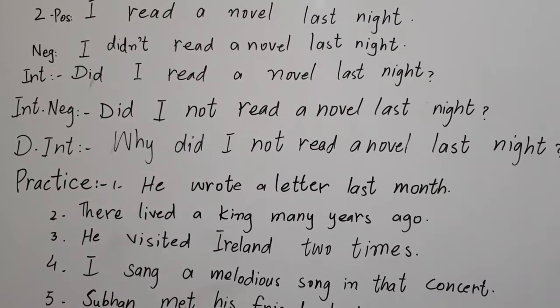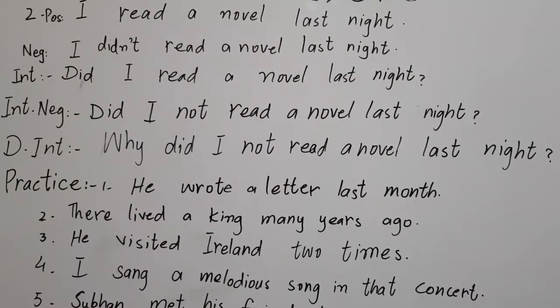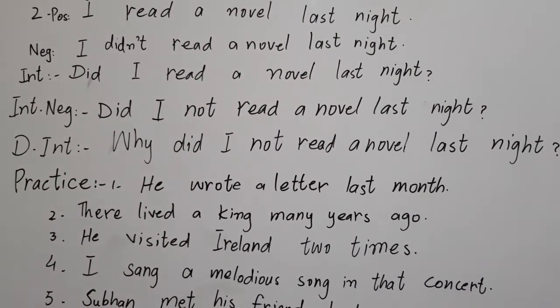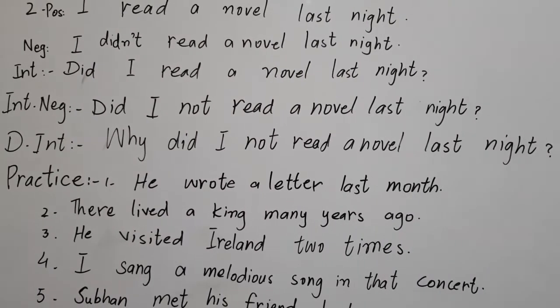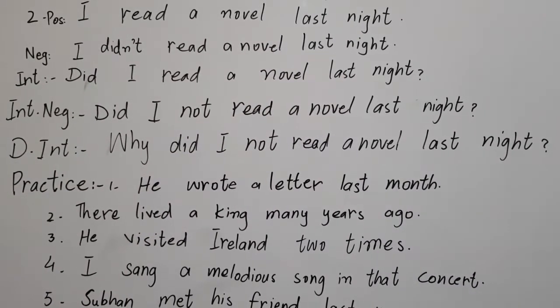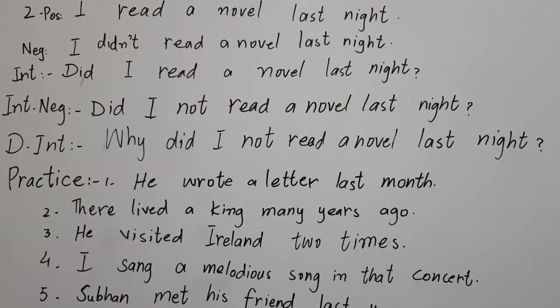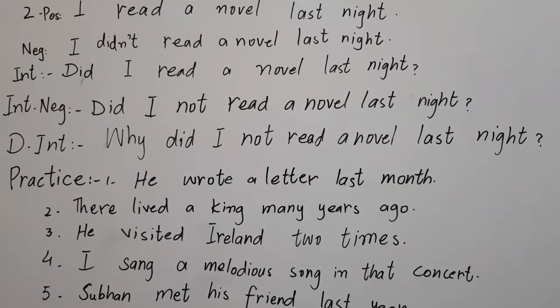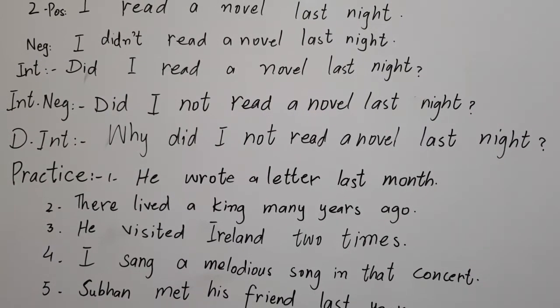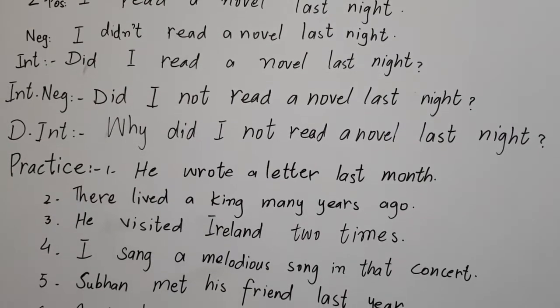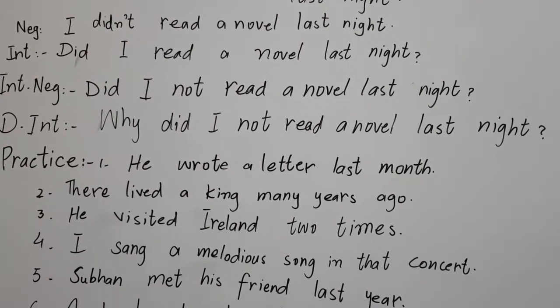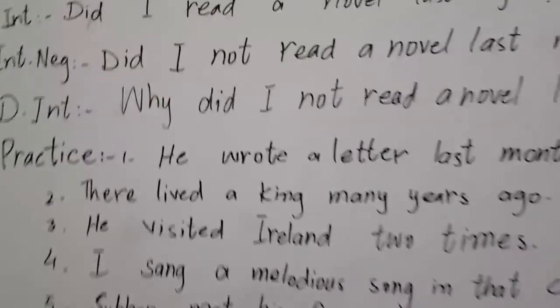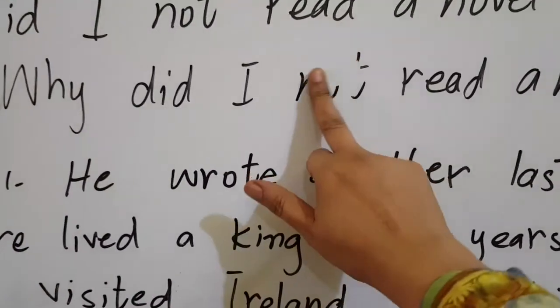But after didn't we should use the first form of the verb, so we'll pronounce reed. Interrogative: did I read a novel last night? Interrogative: did I not read a novel last night? Double interrogative: why did I read a novel last night? We'll remove not from here.